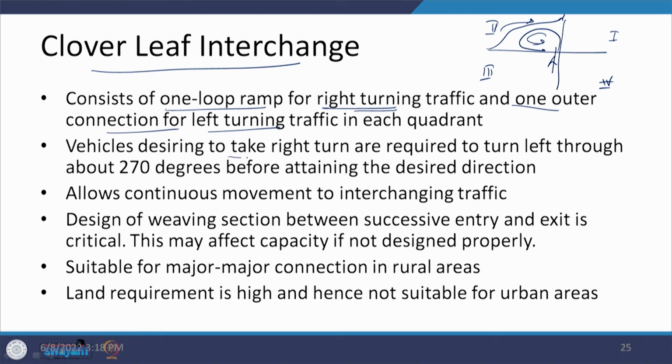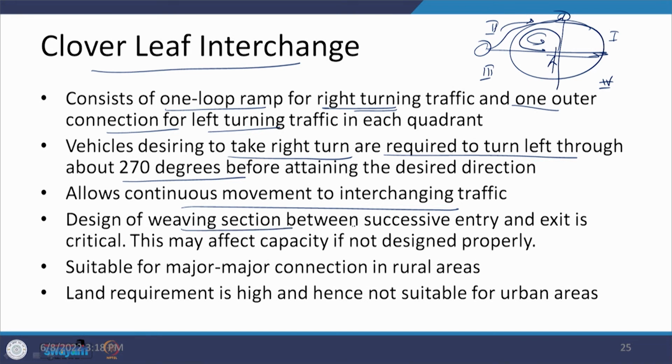Vehicles desiring to take a right turn are required to move to the left and then go by 270 degrees. So, they come here, take a left turn and then take 270 degrees and then they go in this direction. This allows continuous movement to interchanging traffic, no such intermingling is there. Most of the things in this particular area have grade separation, only at grade condition is going to be there for these direct connectivities or diagonal connectivities which are taking traffic to the left.